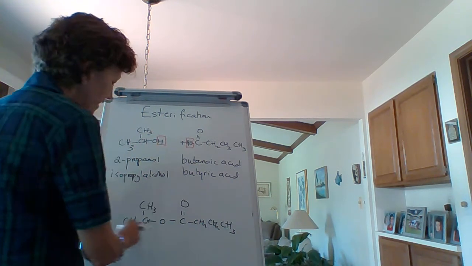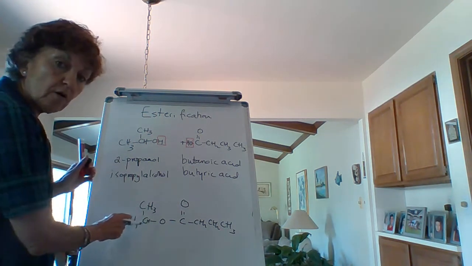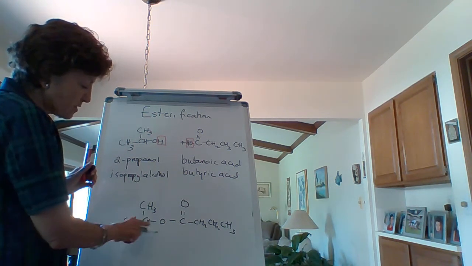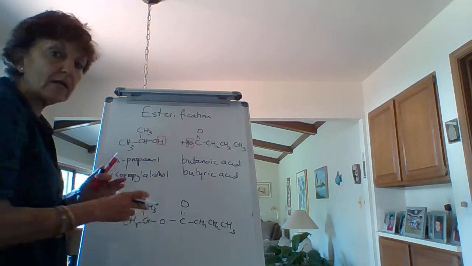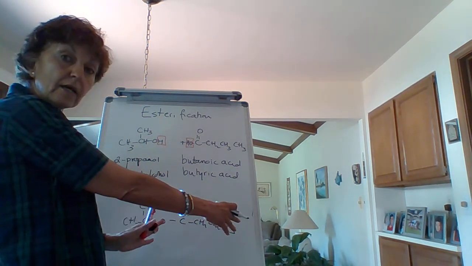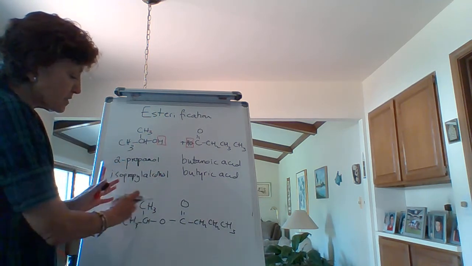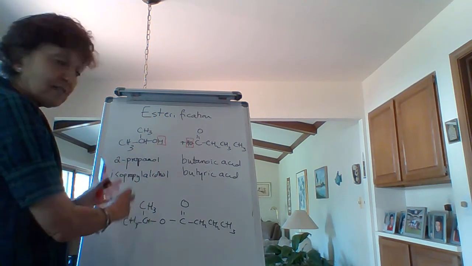So I still have this isopropyl group. I still have these 3 carbons, and it's hooked right in this middle. So it's still an isopropyl. Remember how we name esters. We name this like a carboxylate ion, and that's the second word. And then we name this as an alkyl group, and that's the first word.